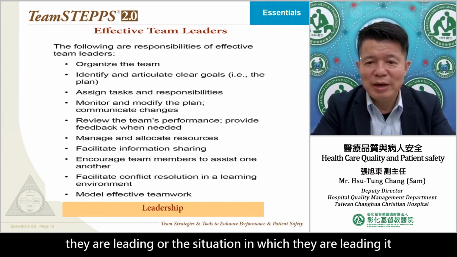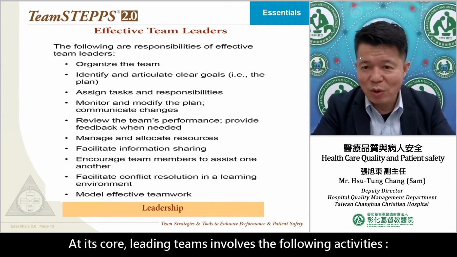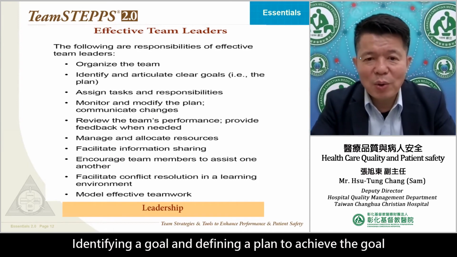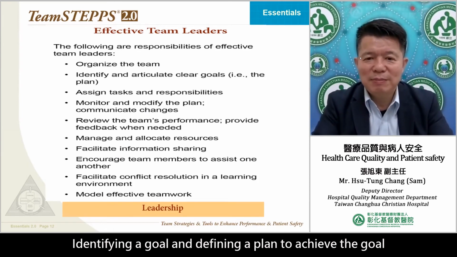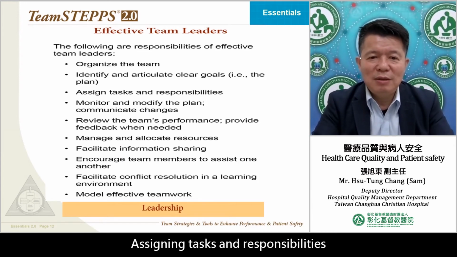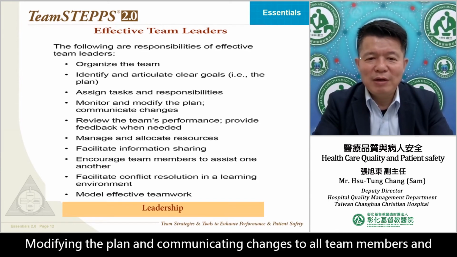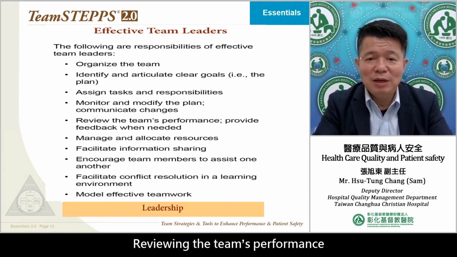At its core, leading teams involves the following activities: identifying a goal and defining a plan to achieve the goal, assigning tasks and responsibilities, sharing the plan, monitoring the plan and the progress toward the goal, modifying the plan and communicating changes to all team members, and reviewing the team's performance.